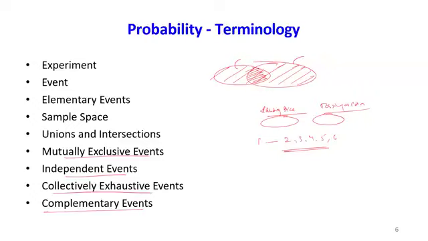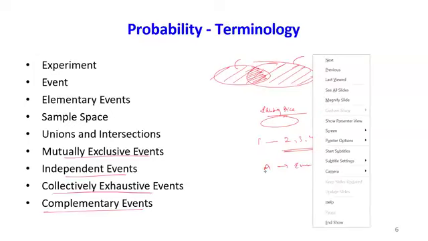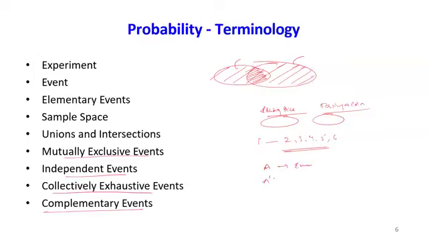So if A is an event, then A dash is known as the complementary event, which would be equal to 1 minus A. All those events other than A are known as complementary events.